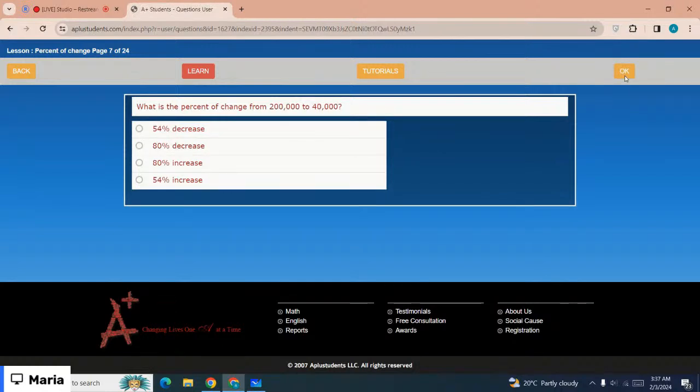What is the percent of change from 200,000 to 40,000? So, which is the correct option? That is a decrease, right? From 200,000 to 40,000, that is a decrease.